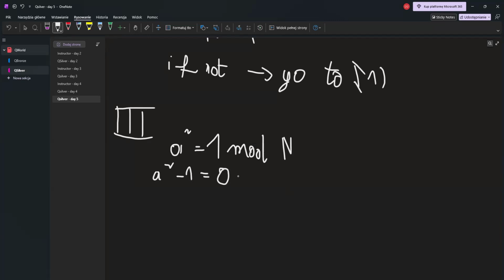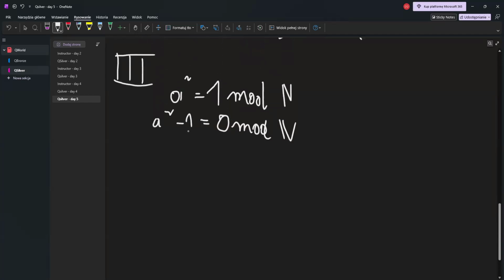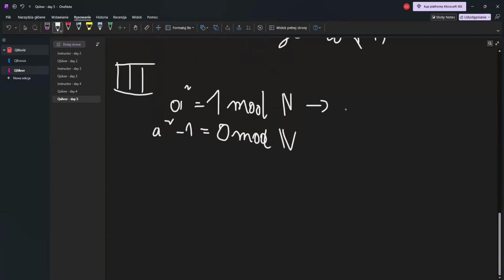And we can express this in another way, because if we divide A to the power of R by N, then we obtain some k times N plus 1 divided by N. So this is our remainder, in other words.